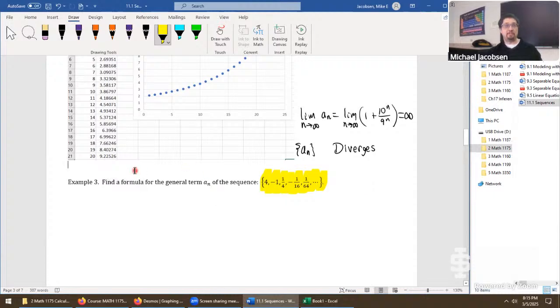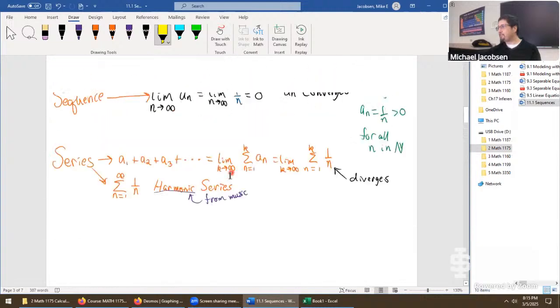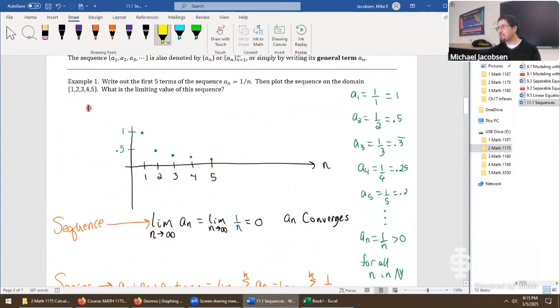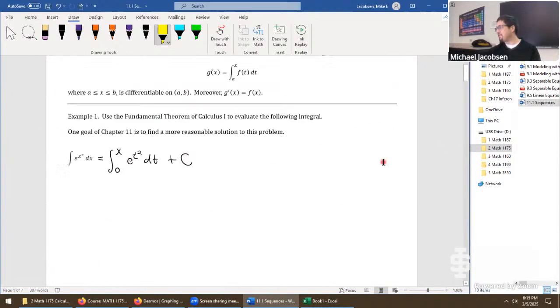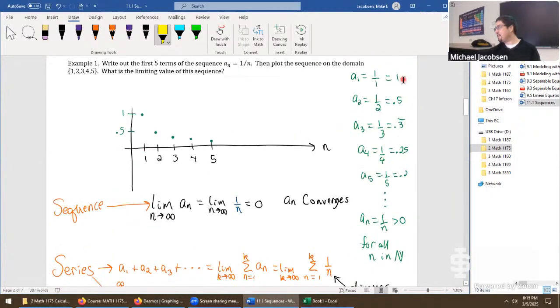So when it says find a formula, think of, for example, when we wrote out 1.5, 0.3 bar, 0.25, 0.2, we were thinking specifically of this one, even though we could potentially come up with another sequence that matches that and then changes after the 5th term.